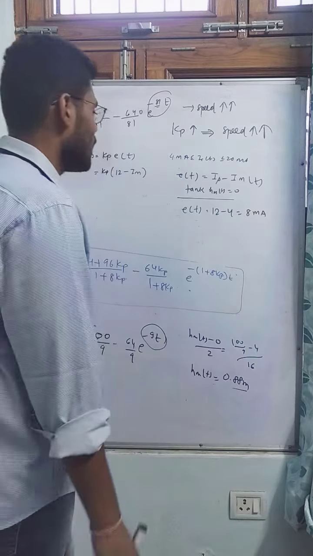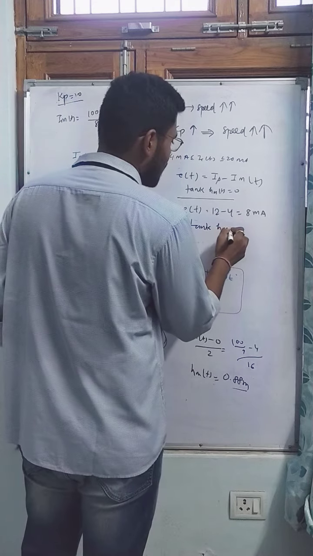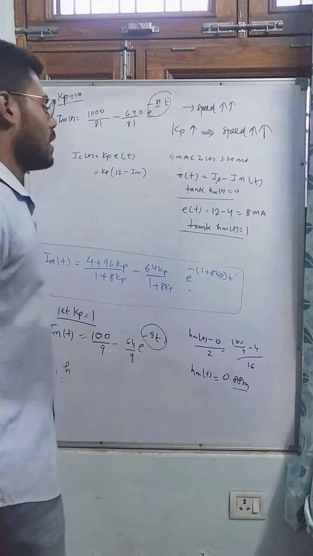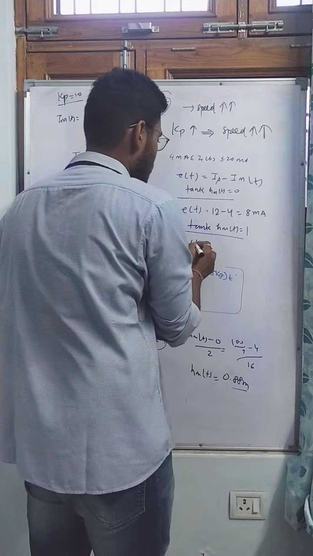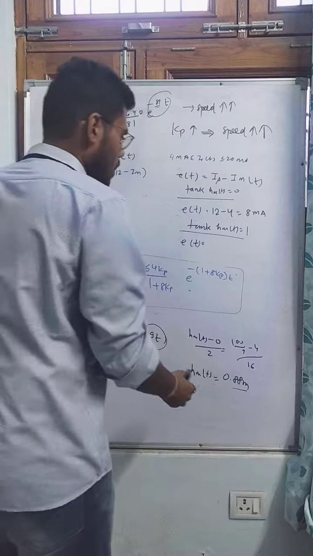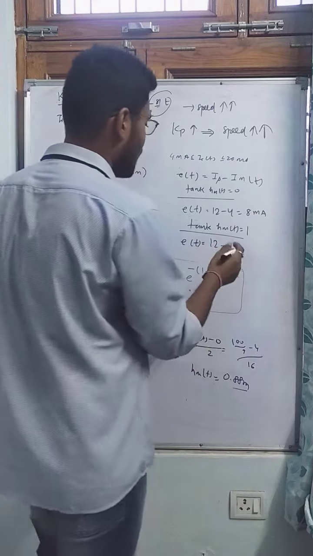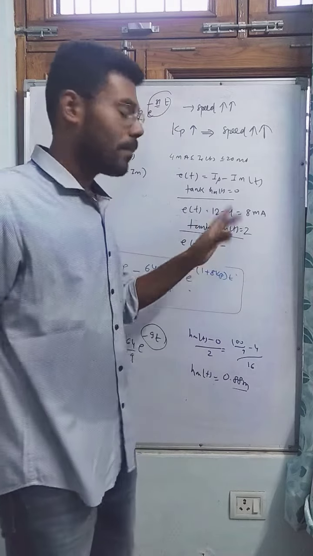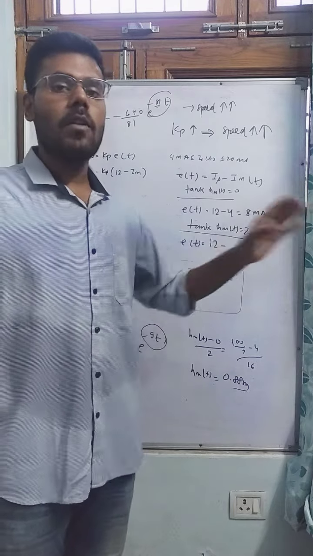Yes or no? Now, when tank level is 1, what will be the error? Find it by the equation. 12 minus, when I am taking the ideal case, we are taking the maximum error band. Maximum error means from the minimum level up to the maximum level of the tank.